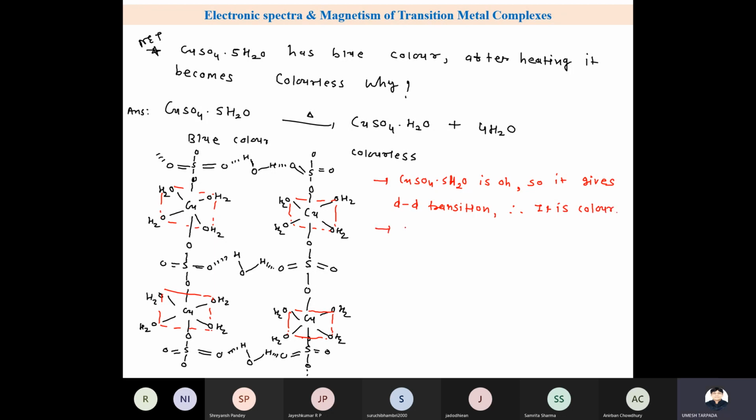But what happens in the case of CuSO4·H2O?